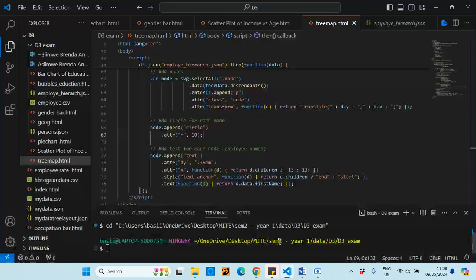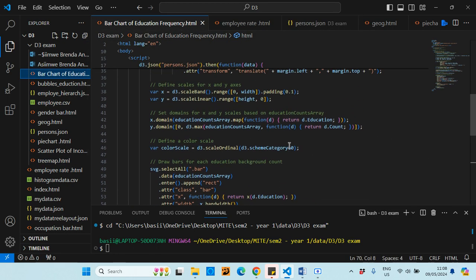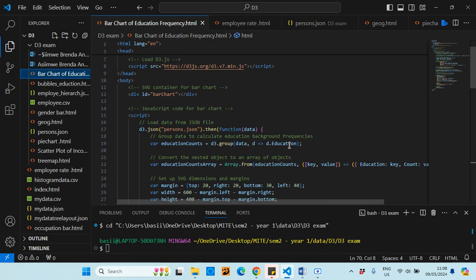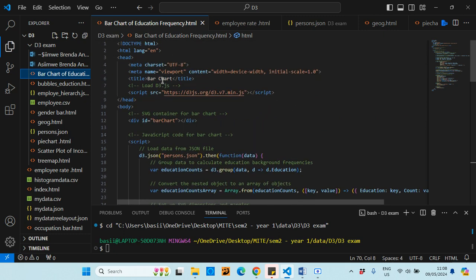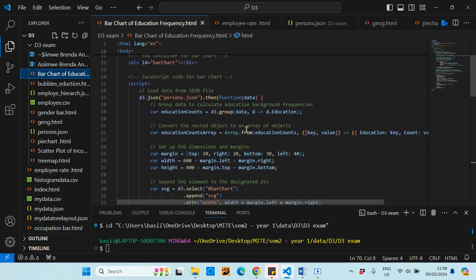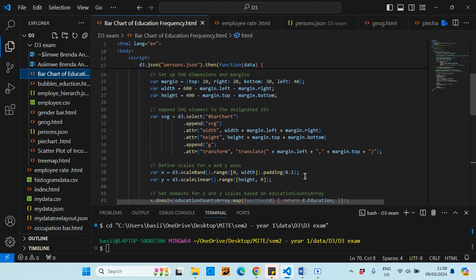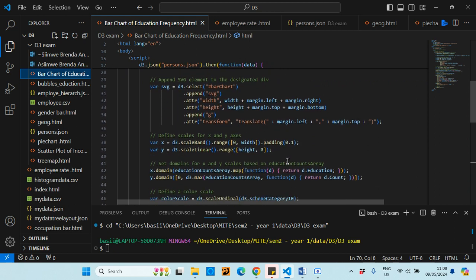So I think we have looked at all of our, oh no, we didn't look at our bar chart. Basically, this bar chart is the same as the gender one also. We input the HTML tags, we load the data, we set variables, we set arrays that will be used, and then we create a container for it also.